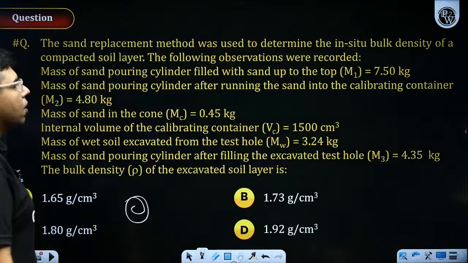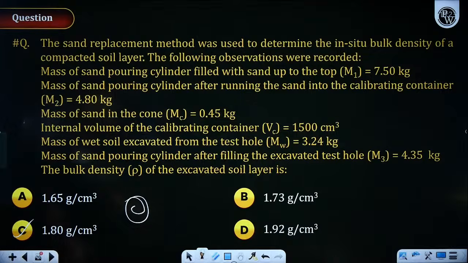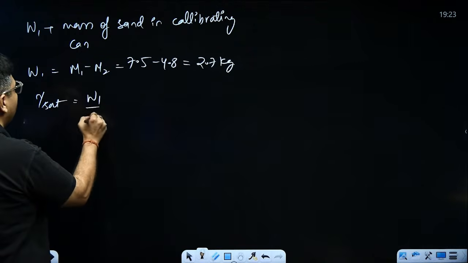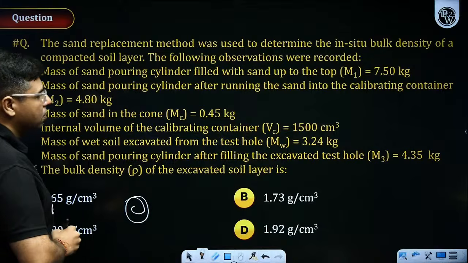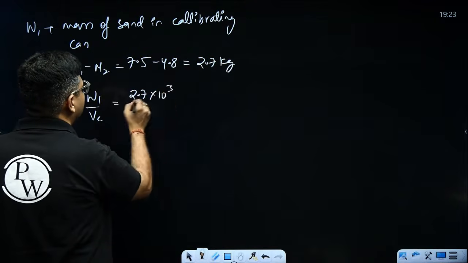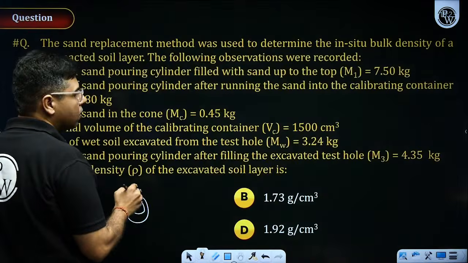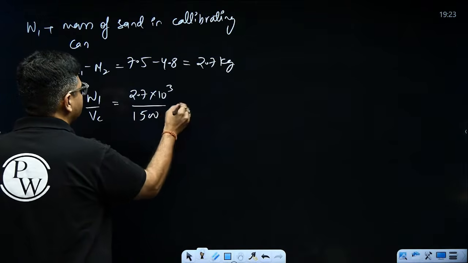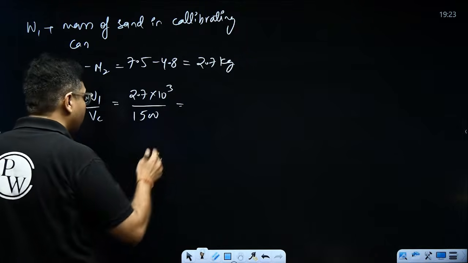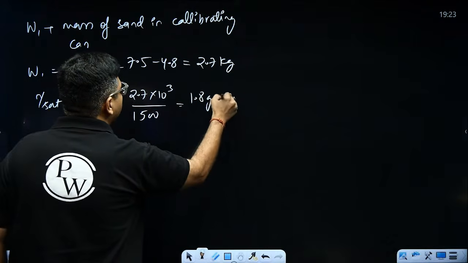Now, mass of sand in the cone is given as 0.45. Internal volume of calibrating container is Vc. So gamma sand is W1 by Vc, that is 2.7 into 10 raised to power 3 kg upon 1500, you will get 1.8 gram per cc.